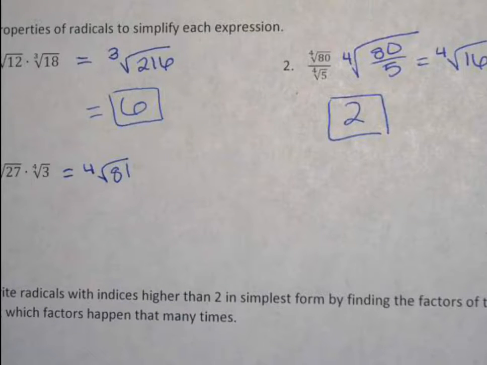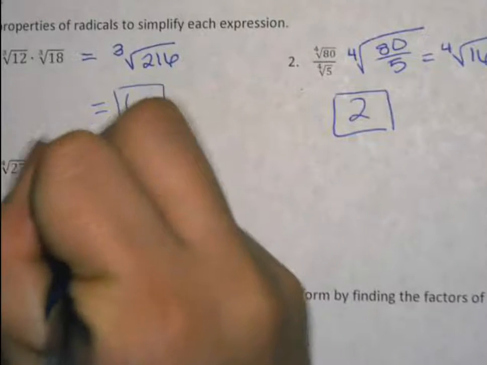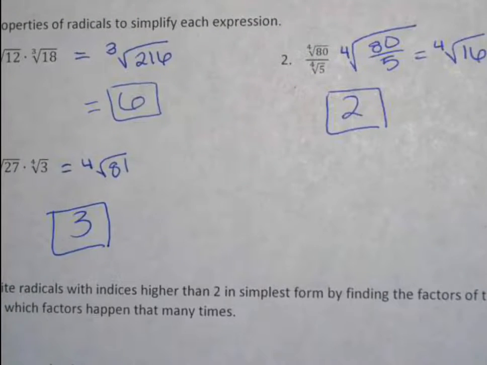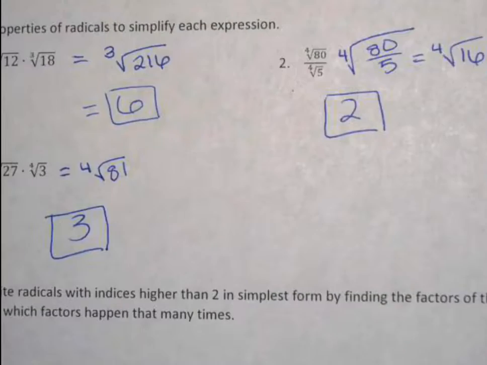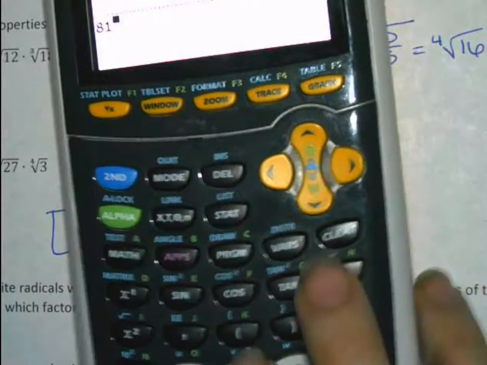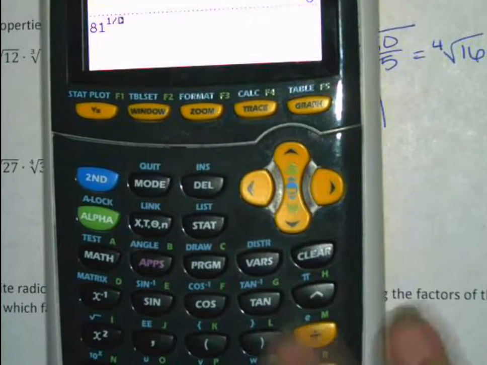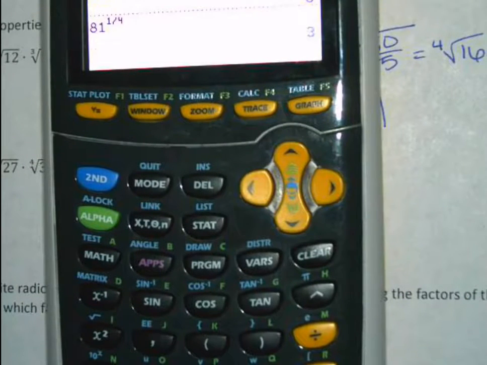So what you do on the calculator, because it's the fourth root, you type in 81 to the exponent, and then you do 1/4 because of the number. And then it gives you 3.